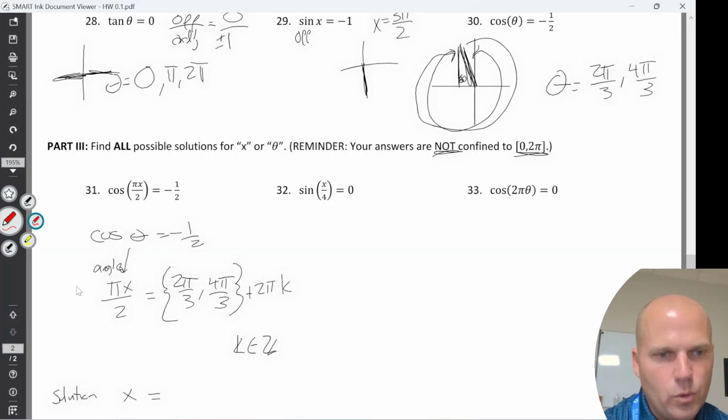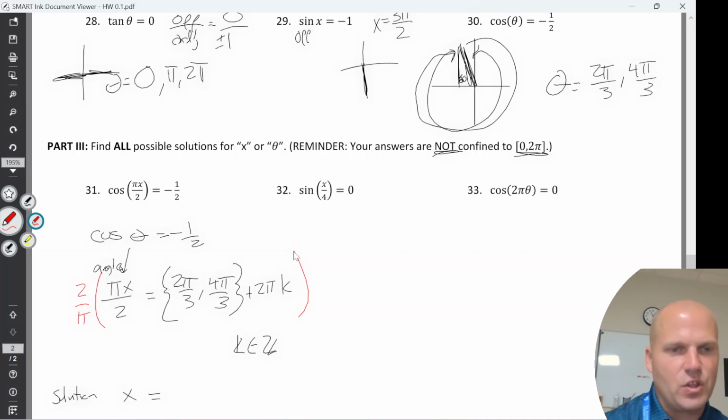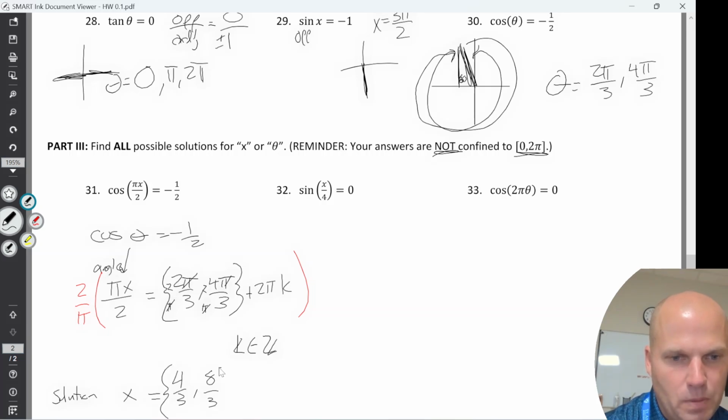Well, this is where we will think about solving. Multiply everything by 2 over pi. If I multiply this by 2 over pi, the pi's will cancel. This becomes 4/3. If I multiply this by 2 over pi, the pi's cancel. This becomes 8/3. Okay, those are my two numbers. Times pi over 2 becomes solutions.